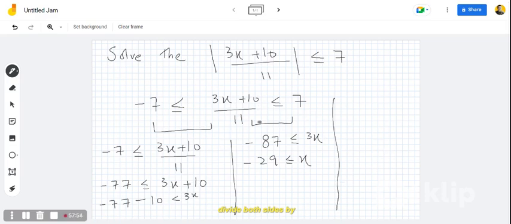Then we solve the right part, which is (3x plus 10) divided by 11 less than or equal to 7. We multiply this inequality on both sides by 11, so it becomes 3x plus 10 less than or equal to 77.